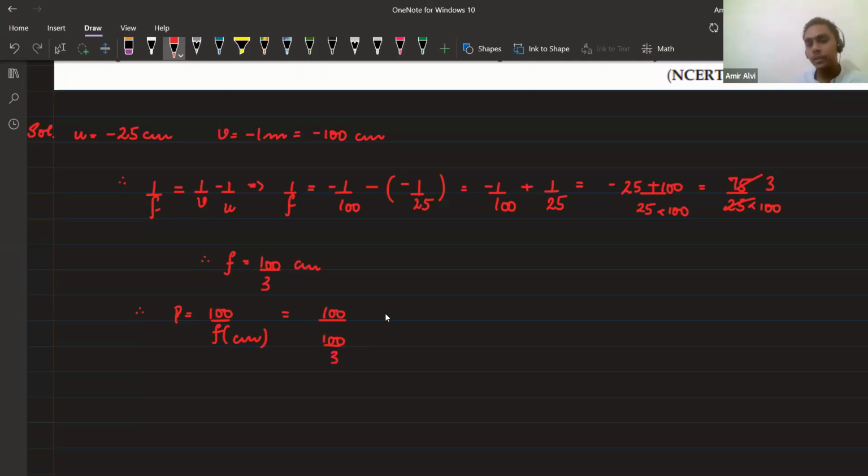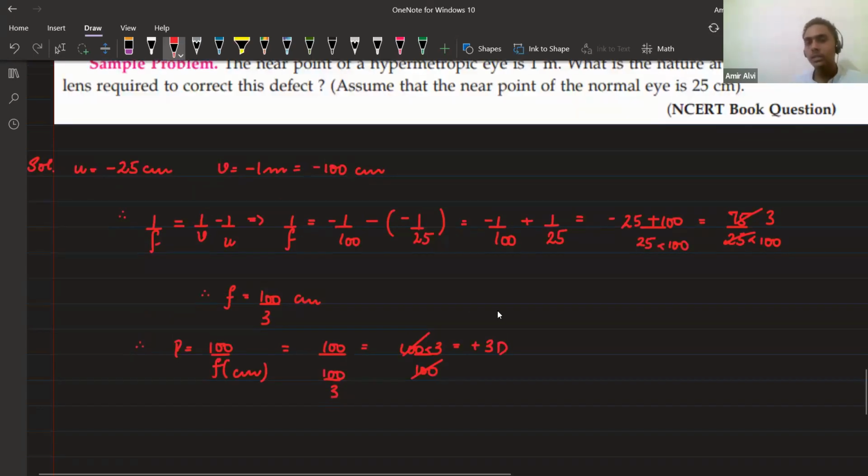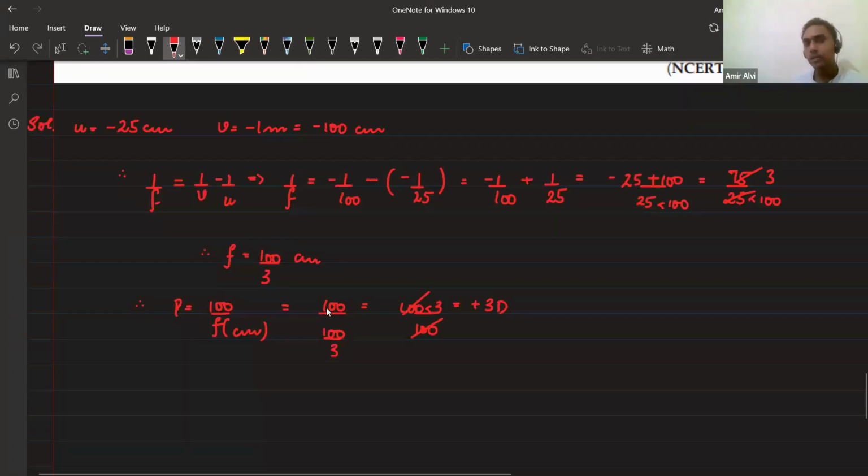As this is a double division, 3 will go in the numerator. This will cancel. The only thing left is positive 3 diopter. That's why I've not converted it into decimal, because I already know that 100 is also there in the formula, so I will just cancel it out. So why do I need the complex calculation?